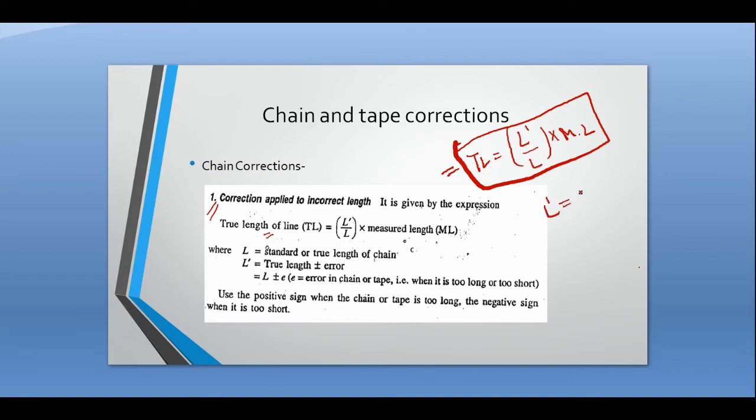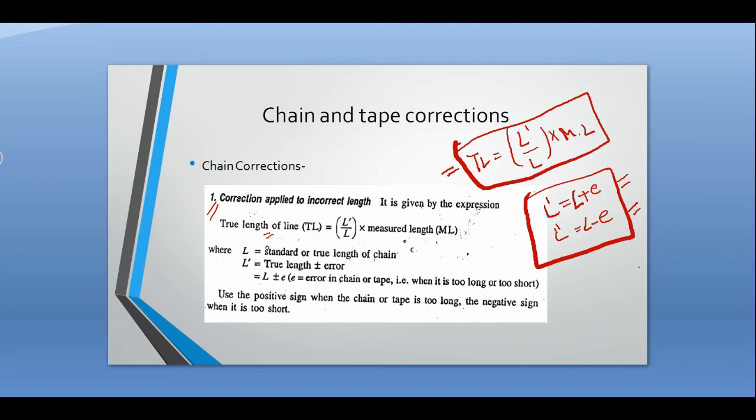If it is too long, the error will be plus E, so L dash is the standard length plus E. If it is shrunk, if it is too short, L dash is the standard length minus E. So always remember these two things: if it is too long we use this formula, if it is too short we use that formula for the incorrect length. This is how we correct the measurement with the help of these formulas.